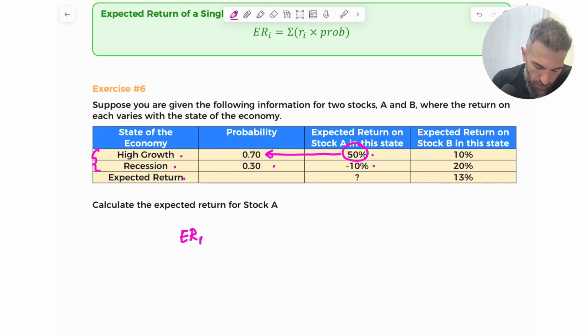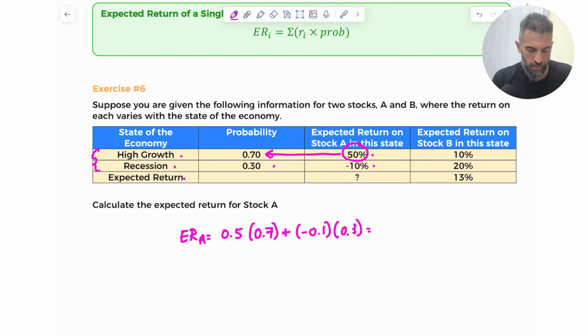So the expected return for A would be 0.5, that's the 50% return, times 0.7 plus negative 0.1, that's the return, times 0.3. So this gives you 0.32 or 32%. So the average return is 32%. The expected annual return is 32% for stock A.